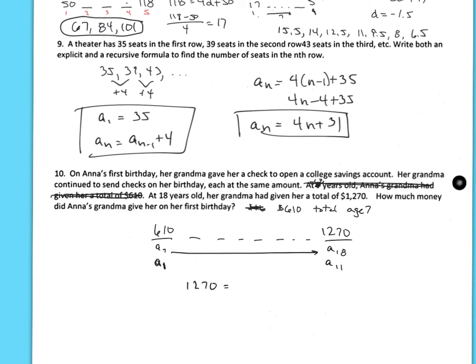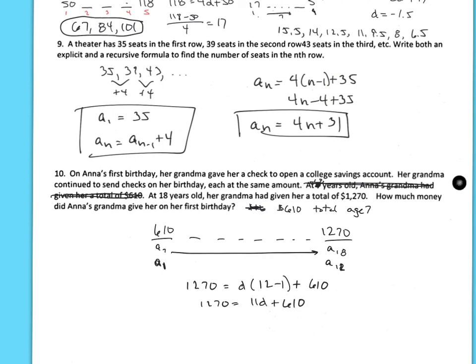I guess we don't have to do it this way, but I'm going to. We don't know the difference, but this would be 12 minus 1 plus our first term, which we're artificially calling that. So 1270 is equal to 11d plus 610.